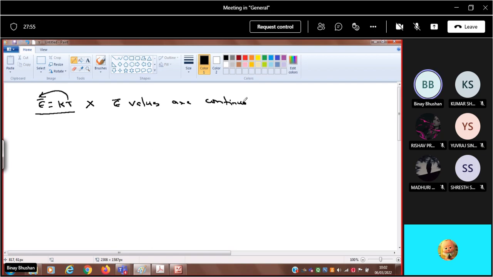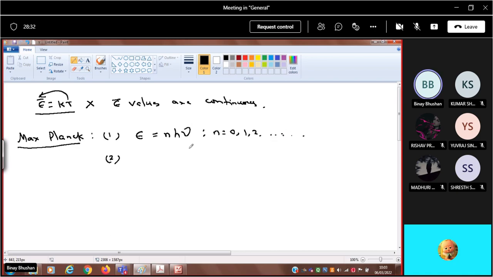But Max Planck said no, it's not like that. According to Max Planck, there were two assumptions. One assumption was that the energy of an oscillator is equal to n h nu, where n is equal to 0, 1, 2, and so on.